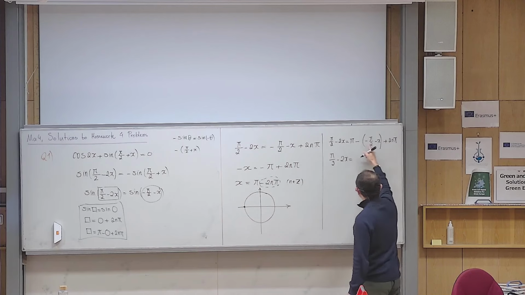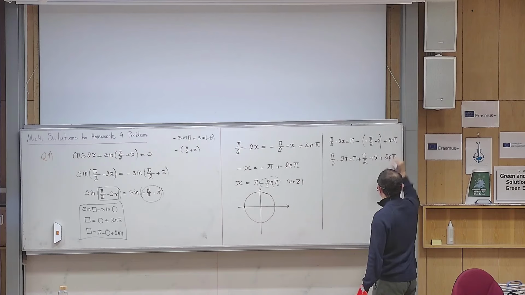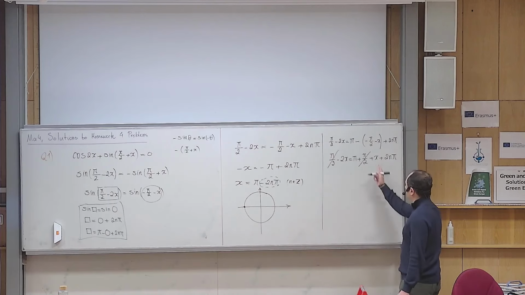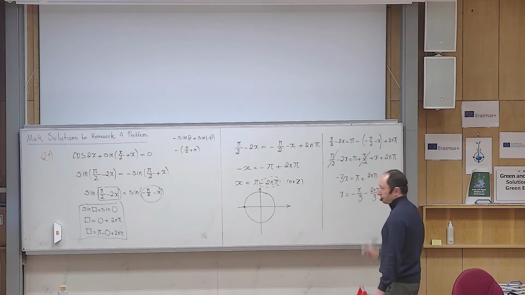It becomes plus pi over 2, and then plus x plus 2n pi. This pi over 2 and that pi over 2 are gone. I move x to the other side, it becomes minus 3x equals pi plus 2n pi. I divide by minus 3, so it becomes minus pi over 3 minus 2n pi over 3.